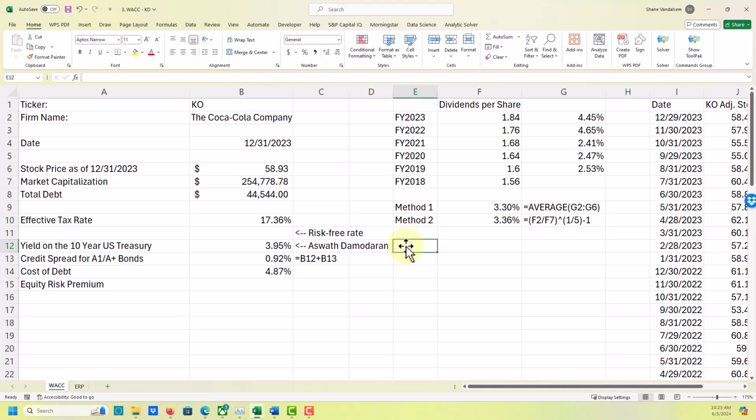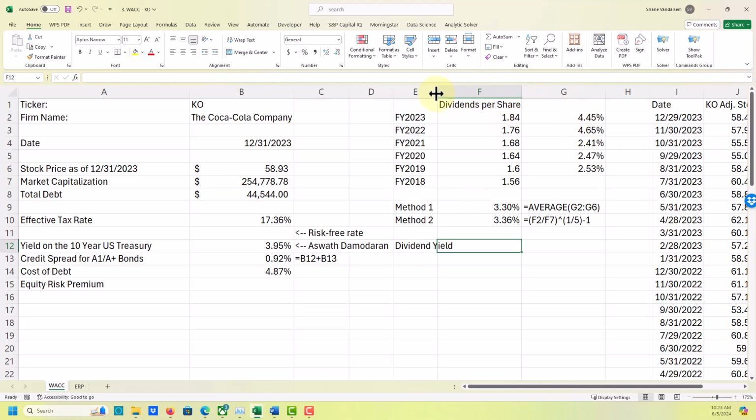And I'm just going to use method 1 here because they're very close to 3.3% or 3.36%. And then we're going to divide that by the stock price at the end of 2023 of 58.93. So that's what I'm going to calculate here. So I'm going to calculate the dividend yield.